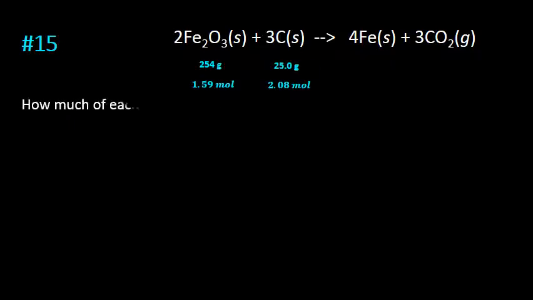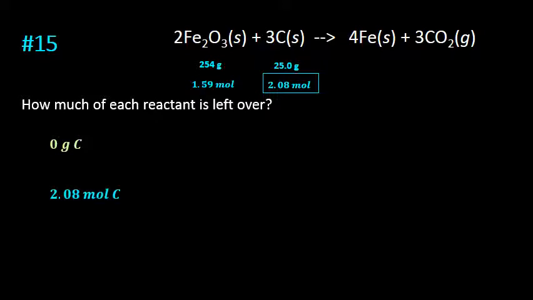The last question is, how much of each reactant is left over? Well, if you recall, the carbon was our limiting reactant, which means I don't have any of that left. That's easy. Easy answer, 0 grams of carbon. Use your limiting reactant to figure out how much of the Fe2O3 you actually used in this reaction.